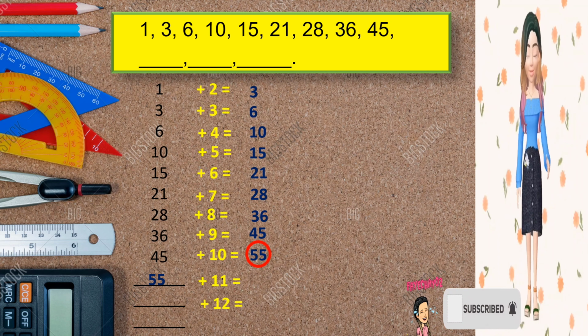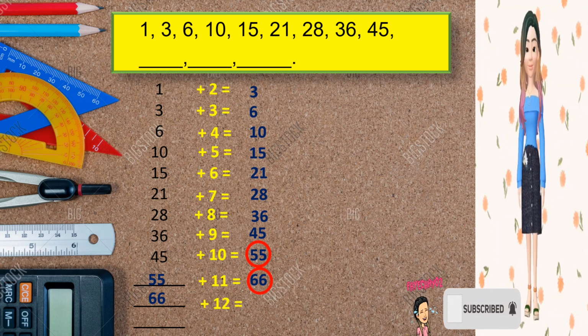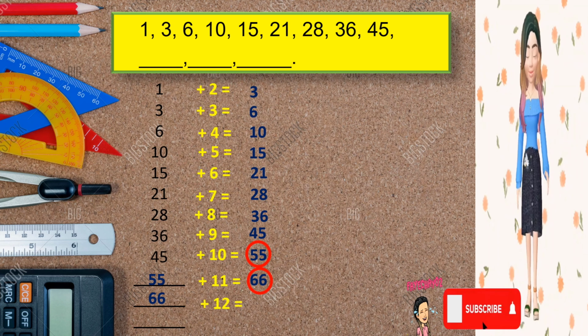So, 55 plus 11 is 66. So, 66 is the 11th term. Then, let us put 66 in the 11th term place. So, we have 66 plus 12 is 78.